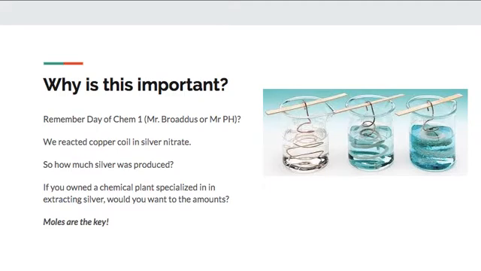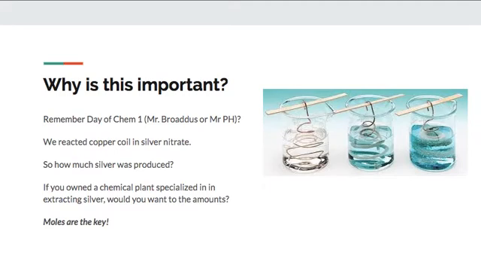So why is this important? Why is stoichiometry important? Well, remember back to the first day of Chem I, and I know this is true for my classes, but I believe that it's also true for Mr. Broadus's. I think what we both did in our classes this year is we took a copper coil and we put it inside a solution of silver nitrate.